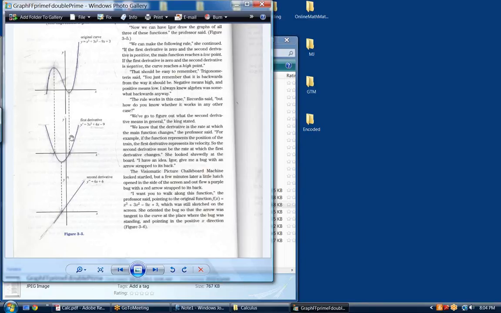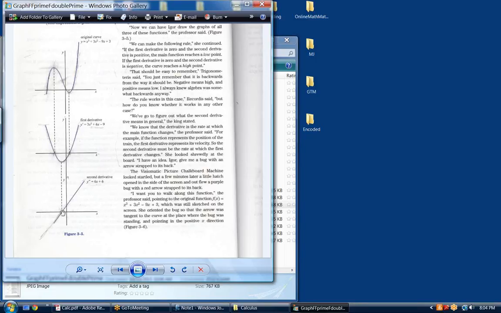Now, the same relationship holds from the first derivative to the function as from the second derivative to the first derivative. In other words, the second derivative is the first derivative of the first derivative. So I can say the same thing. If the first derivative is decreasing, the second derivative has to be in negative territory, which it is. As the first derivative has a local minimum, the second derivative has to be 0.